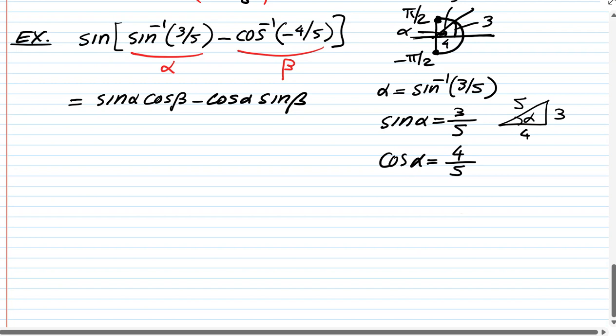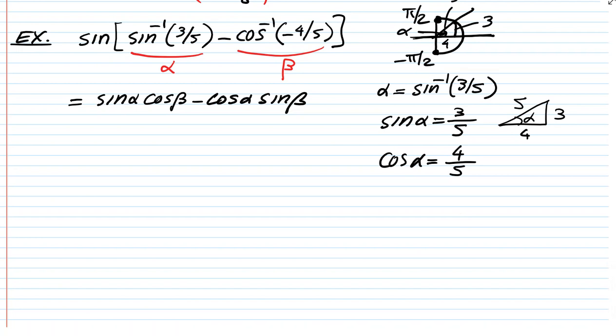The other one is for beta. We're working with cosine inverse, and there you go. Now I put my circle the way it was. Earlier I was doing cosine instead of sine. There. Cosine, this is the range of cosine inverse. The fact that cosine inverse is negative, right? That's telling me the angle has to be in the second quadrant.